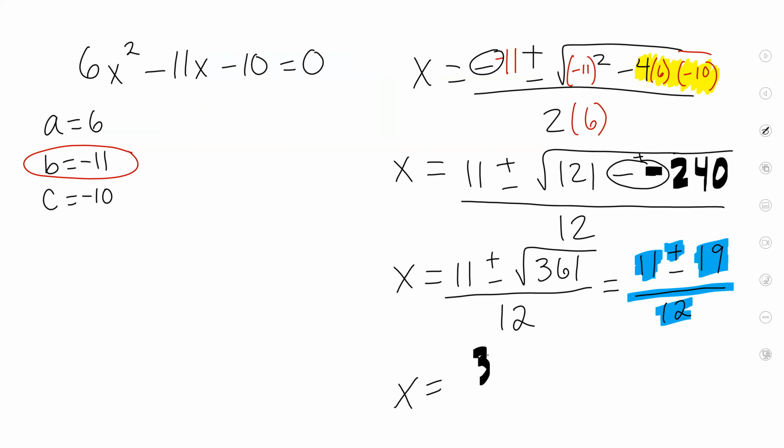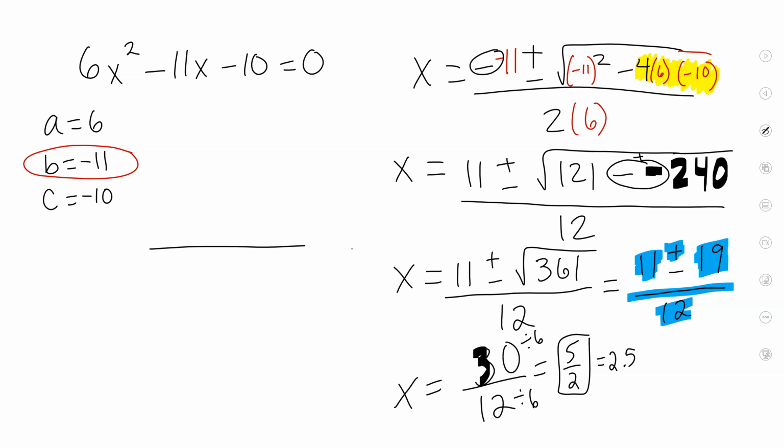Okay. 30 divided by 12 is 2.5, or we can keep it as a fraction. I'm going to divide both the numerator and the denominator by 6, and I'll get 5 halves. Or you said 2.5, that's fine as well. So if I were to graph this, this is the x-axis. I know one solution will be at 2.5 right there.